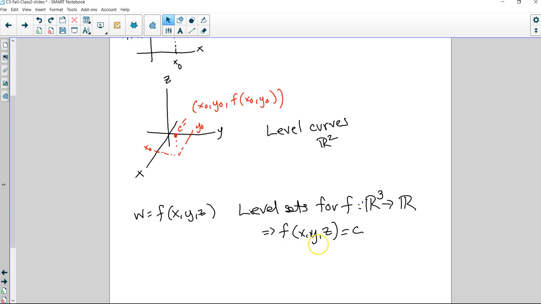This is a function in 3 dimensions, and if we want to graph something in 3 dimensions, what kind of figure do we get? We get a surface. So when we have 4 variables and a function mapping from 3 to 1, we call these level surfaces.